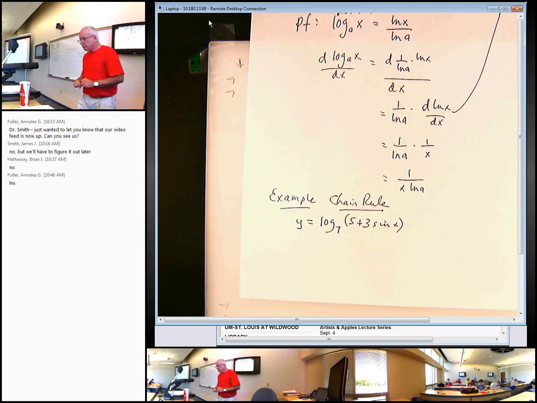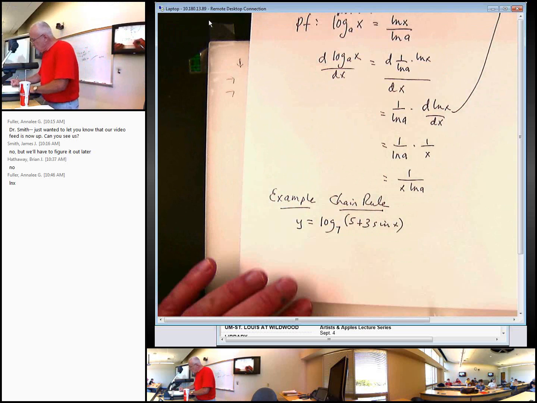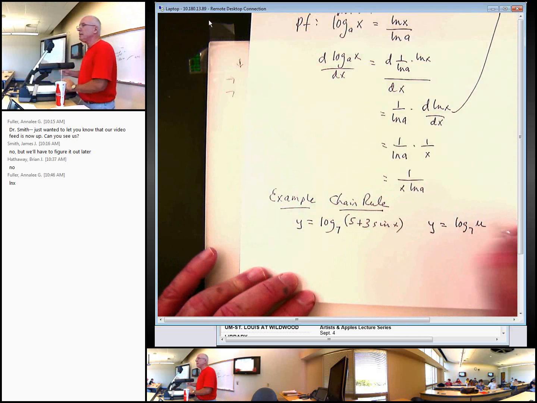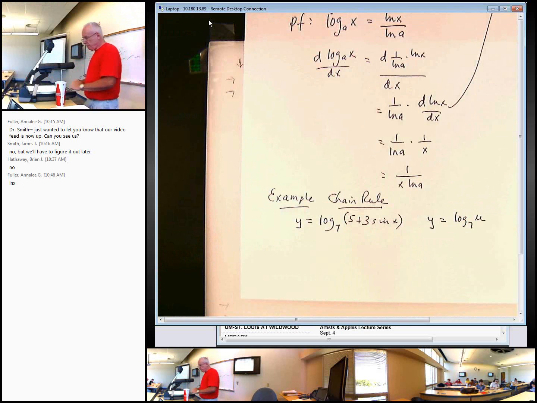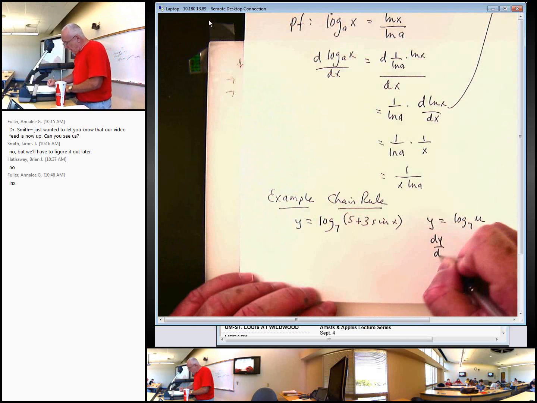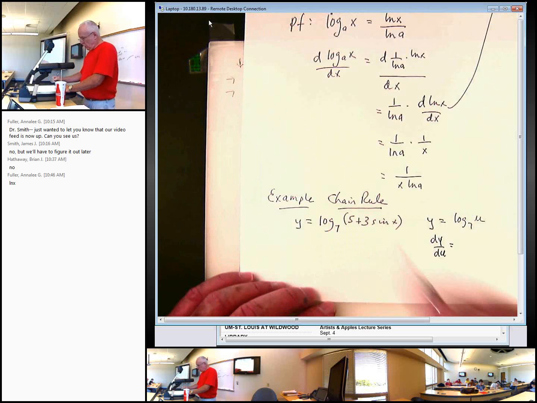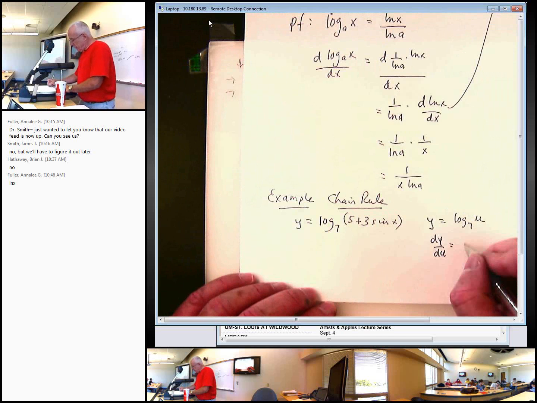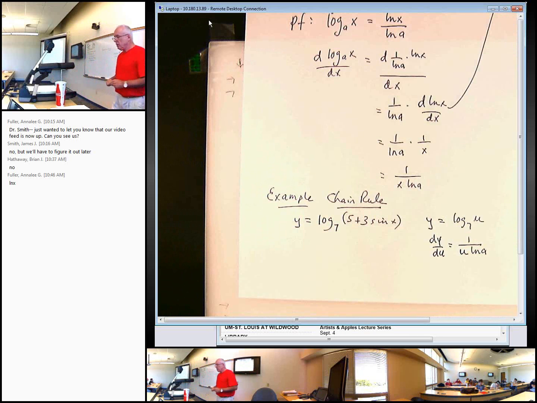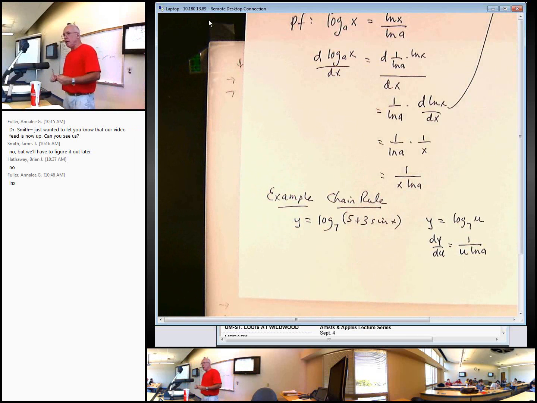So this is like y equals log base 7 of some expression u. And we know that the derivative of y with respect to u, just using our formula up there, is 1 over u times the natural log of a. I'm just changing the letters of the alphabet.